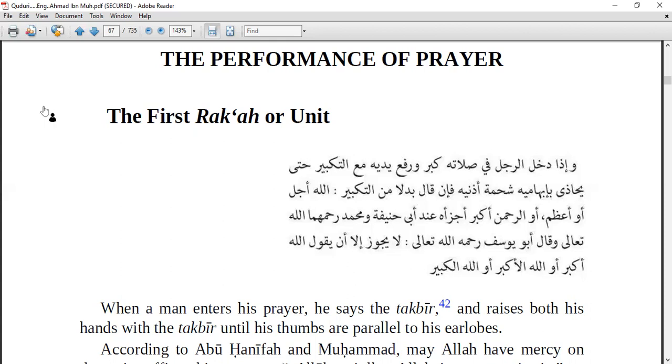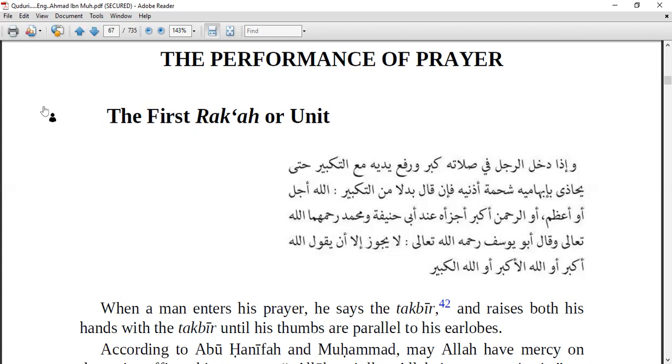And also, if you look at the context of the hadith, Sallu kama ra'aytumuni usalli, you'll find that the Prophet ﷺ said those words in the 5th year after Hijra, when the Sahaba with the Prophet were busy digging the trench before the army of the Quraysh came to attack Medina. At the time of digging the trench, women were not present. The only audience in front of the Prophet ﷺ were the men.